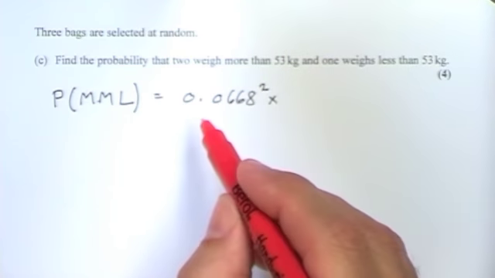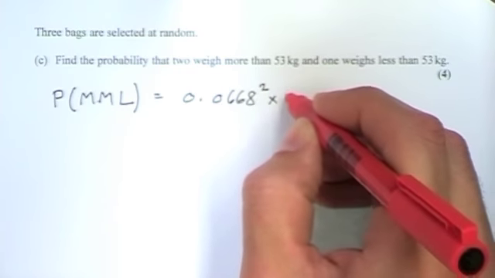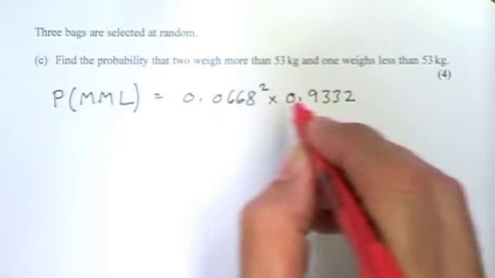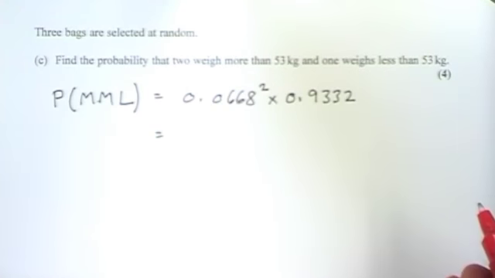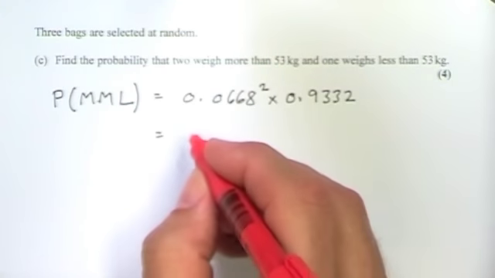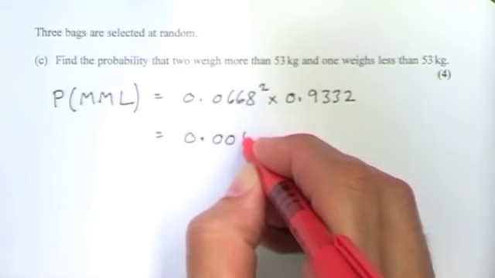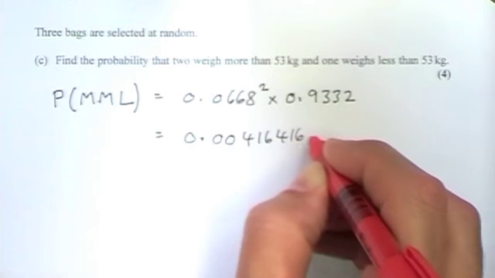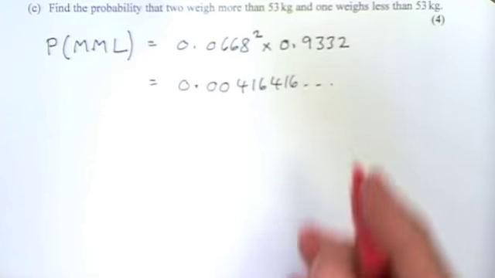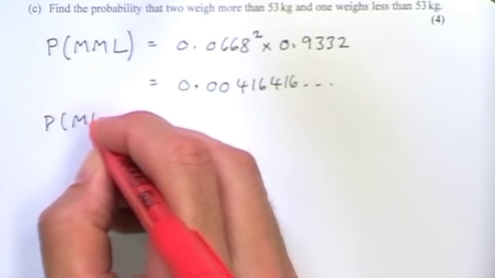Well, if more than was 0.0668, then less than is going to be 1 take away that value, which is going to be 0.9332. So if I multiply those together, I get the probability the 3 bags selected are more than, more than, and less than, in that order, comes to 0.00416, etc. However, it could be that the bag could be more than, less than, and more than.